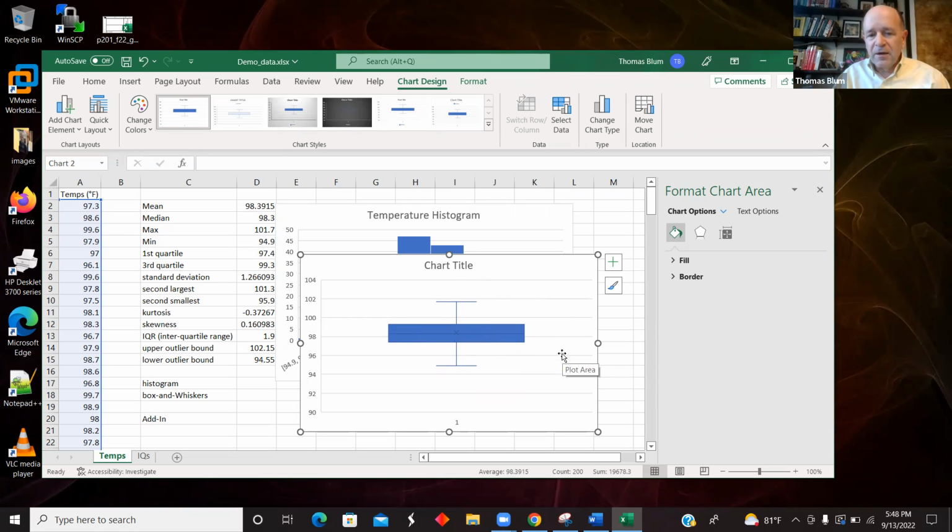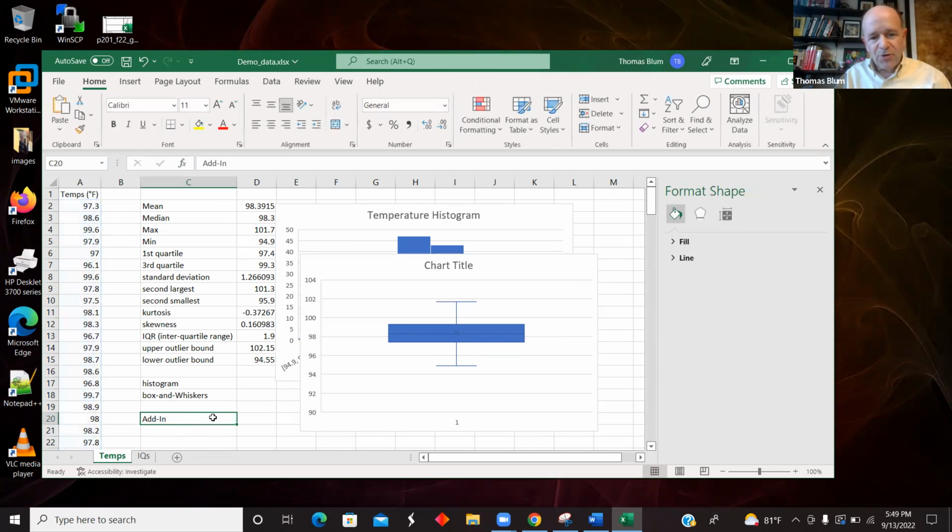It really comes into its own if you're putting different box and whiskers on the same graph to compare them. Is there an overlap between the two distributions, or are they pretty separated? But this is just for one, and it grabs quite a number of these measures and puts them together, so it gives a good picture of the distribution.